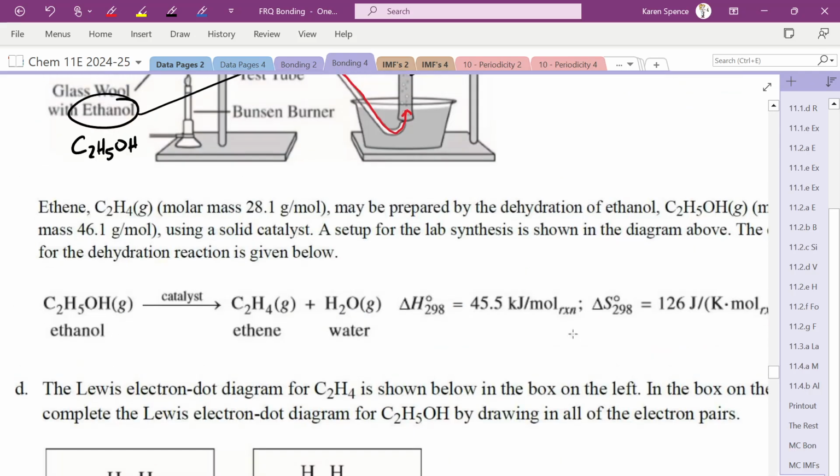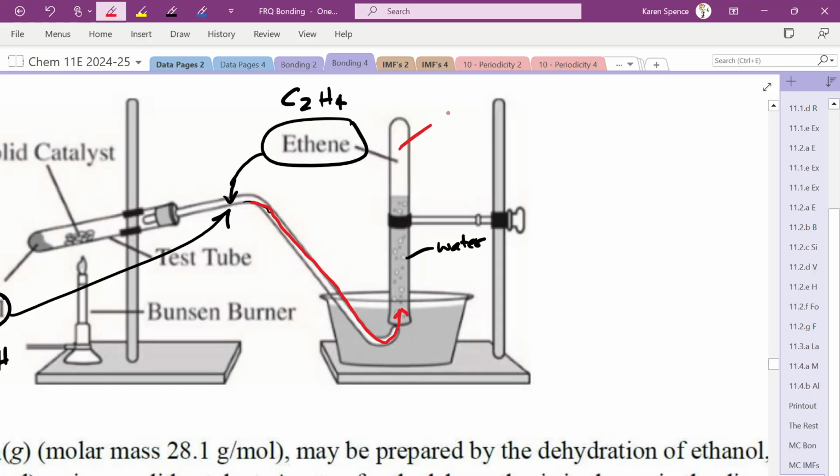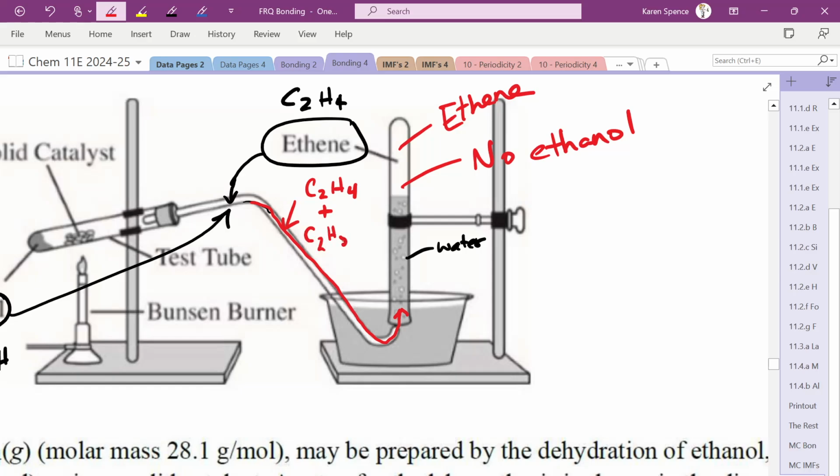So once we're in the water, we end up with ethene up here, and no ethanol. What happened to the ethanol? Both the ethene and the ethanol were in the little tube.